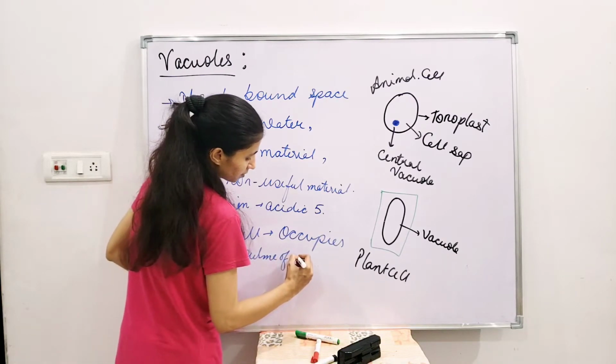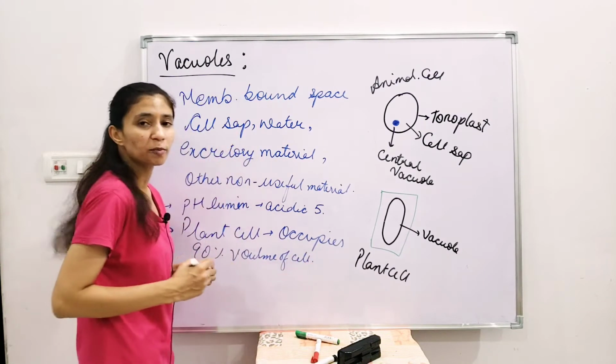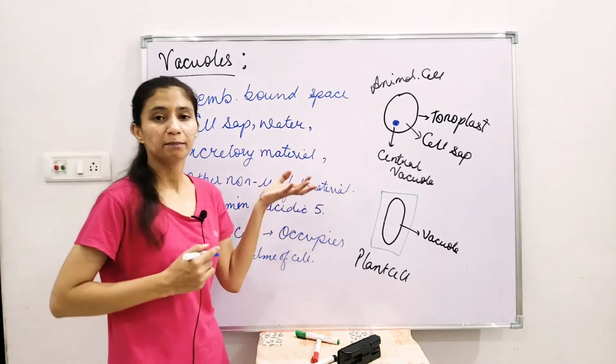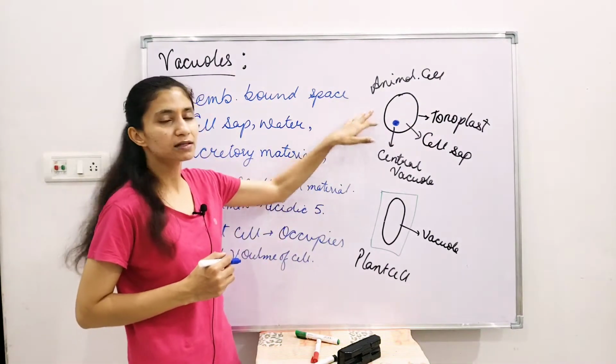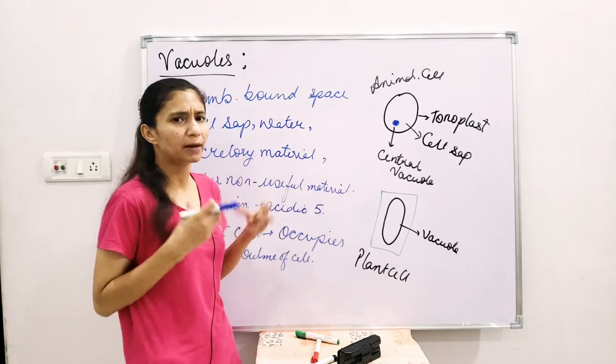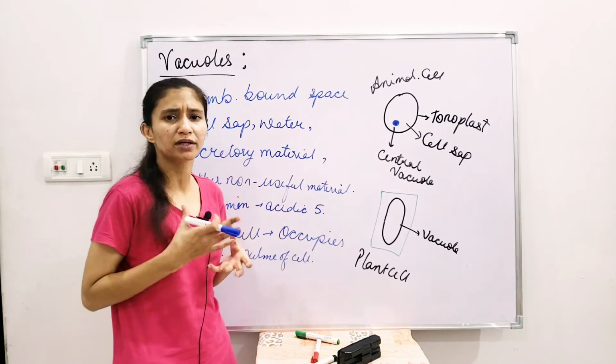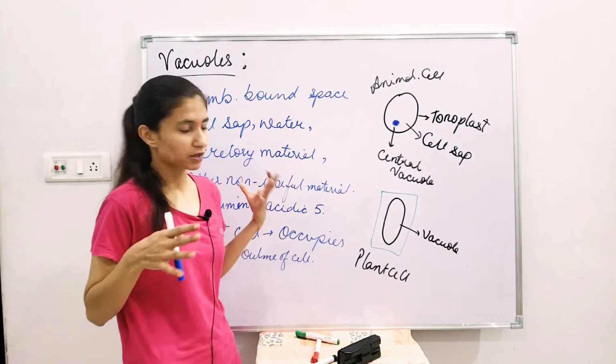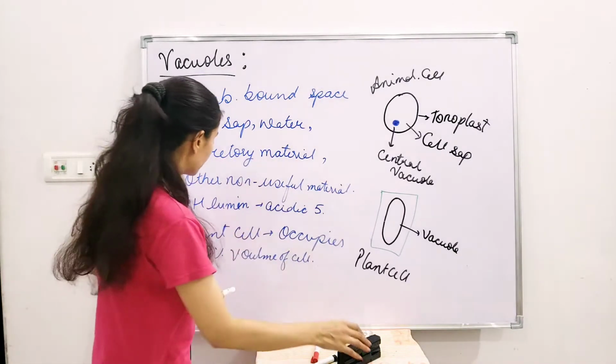Plus it is permanent in nature, whereas in the animal cell the vacuoles are temporary in nature. They will come up when they have to do the cleaning procedure, and then they will dissolve away, or they will move out.